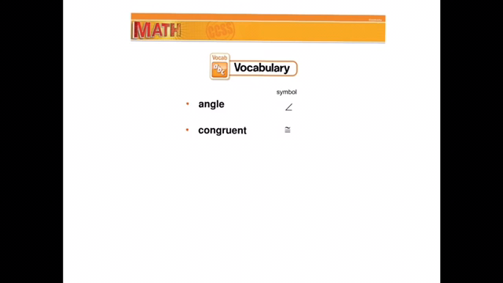Now we have special symbols in math to cover. An angle is kind of like a less than sign, except the bottom is straight on the bottom of your line, and then you have your angle going forward. And so if I'm going to have a triangle here, and I'm going to label this point A, B, and C, and I want to talk about the angle at B right here, I can label that a couple different ways.